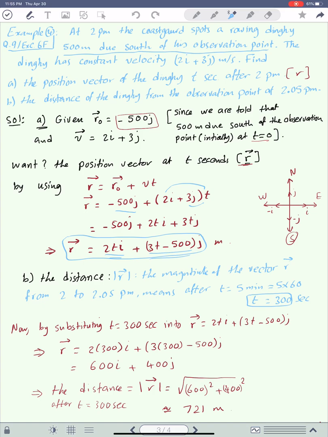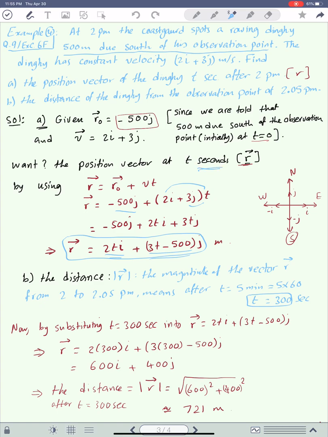This is the position vector at t seconds after 2 p.m., which is the displacement in the language before, at t seconds or t seconds later, or time later. Here we don't know, but he wants them in seconds.